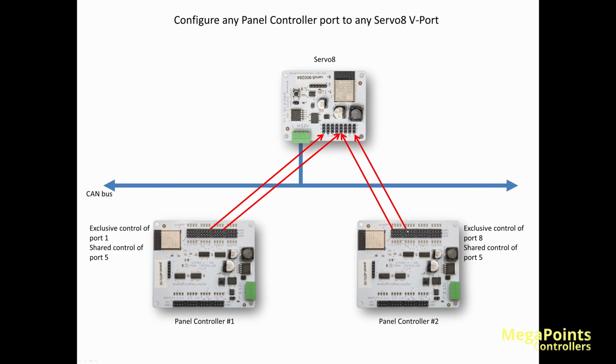And then we've got physical channel number 5, or port number 5 on panel controller number 2, and that's driving servo physical channel number 1. So we have exclusive control on the physical ports 8 and 1, and we are sharing control in this case on channel number 4. So we can mix it up as we need to.